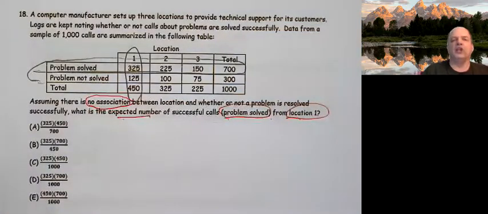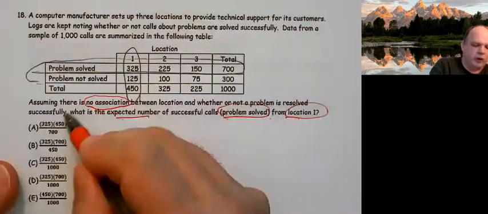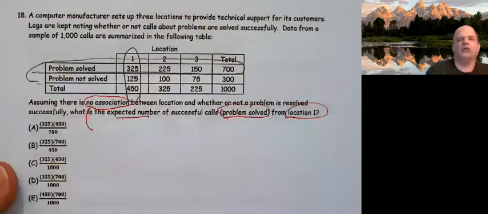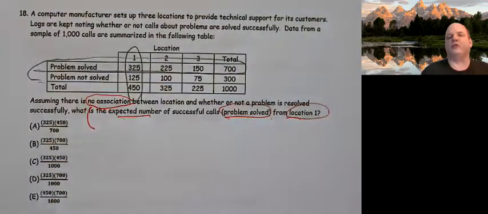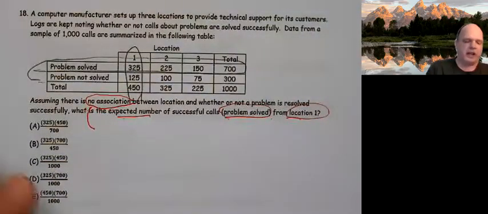Now, key word, assuming there's no association. So pretending like there was no association, what would you expect to happen?